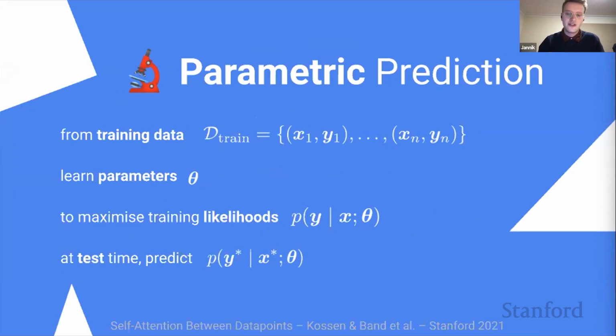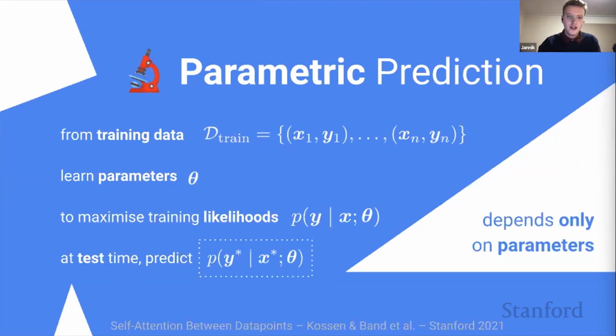Then we optimize these parameters to maximize predictive likelihoods on a training set, or equivalently, minimize some loss. After training, we have this optimized set of parameters theta. At test time, we put these into the model and use them to predict on novel test data. Crucially, our prediction at test time only depends on these parameters. It's parametric. That also means that given these parameters, the prediction is entirely independent of the training data.